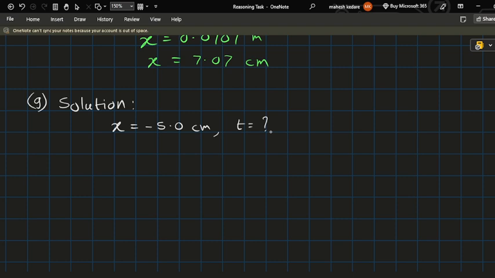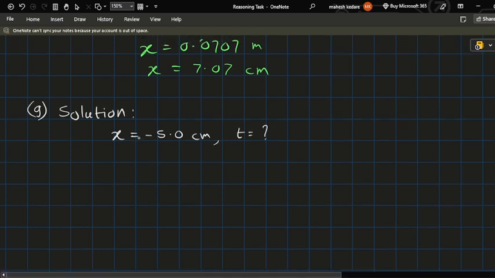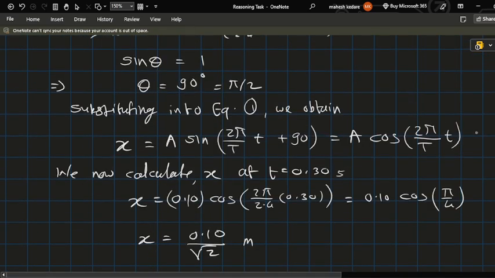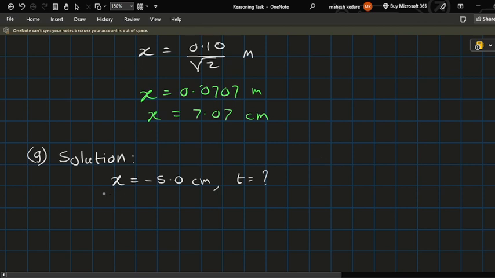We can solve this problem again by using the same equation, x equal to a cos 2 pi by T t. So x is minus 5.0.